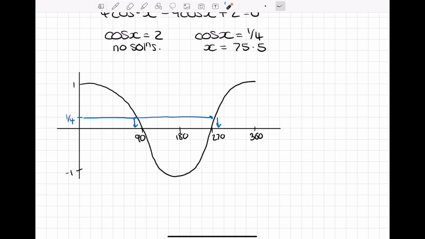If we know that the horizontal distance here is 75.5 degrees, and that's for that part of the curve, this cos graph is symmetric, so the part of the curve there will have horizontal distance of 75.5. So we can work backwards to do 360 minus 75.5.